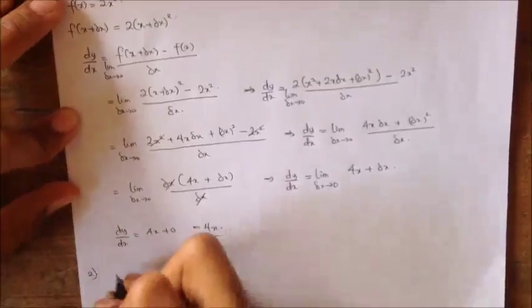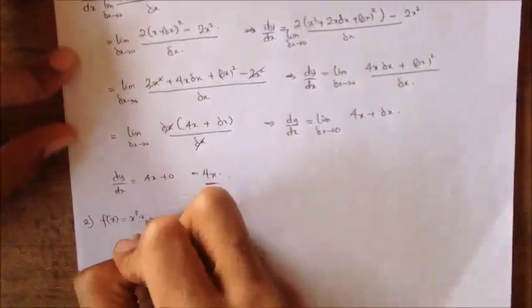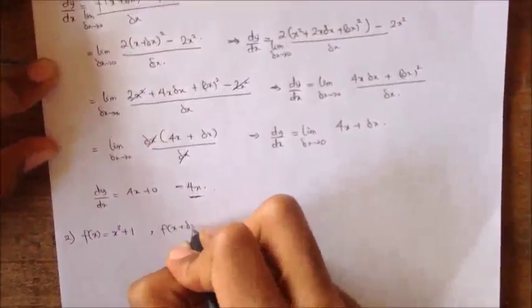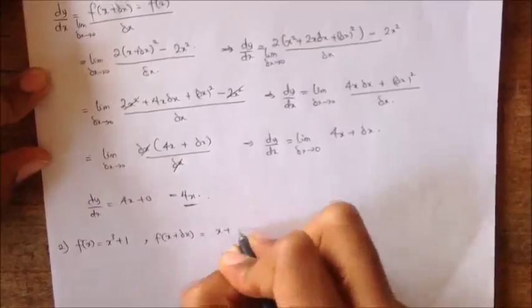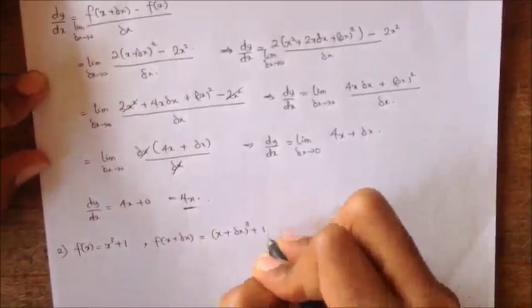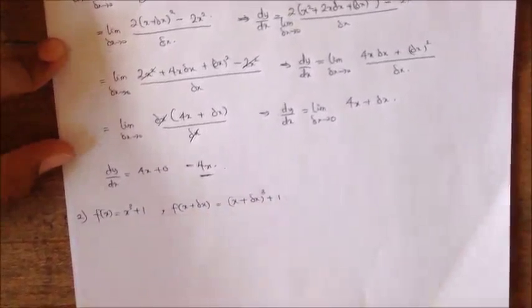Keep that aside. For number 2, our f of x equals x cubed plus 1. So our f of x plus delta x is going to be x plus delta x all cubed plus 1, meaning we replaced our x with x plus delta x. That's simply what we do here.